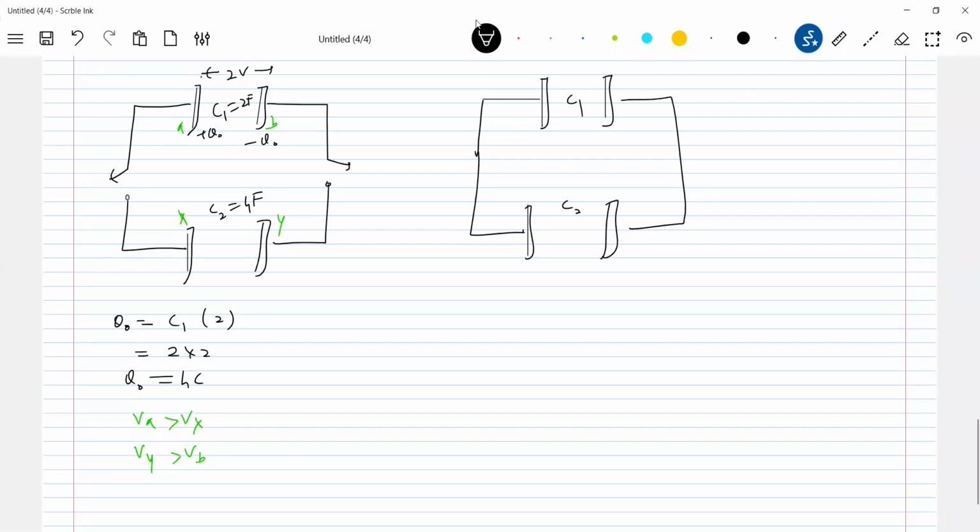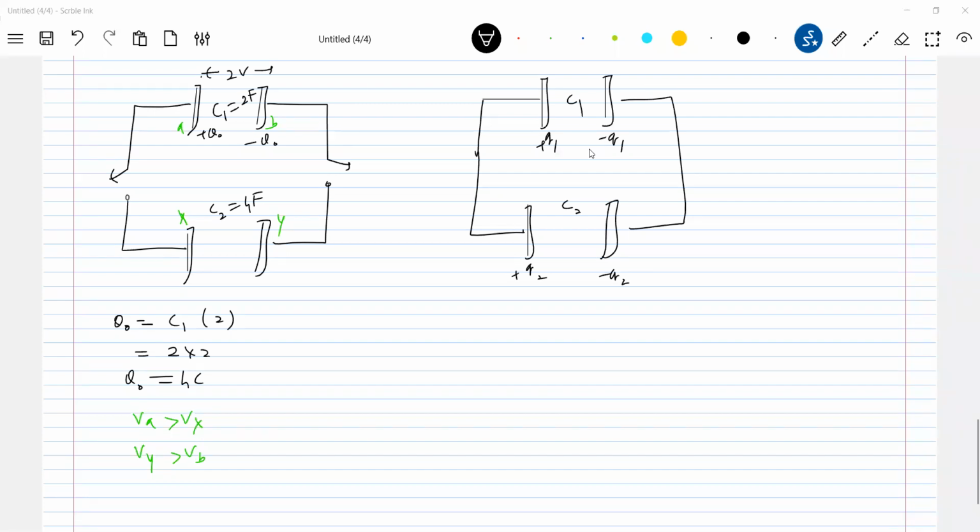I'll assume plus Q1 minus Q1, and plus Q2 minus Q2. I give the polarity myself; practically you can identify it.